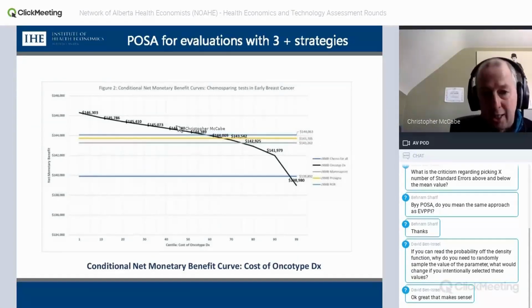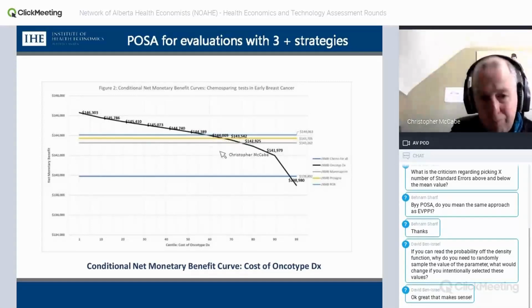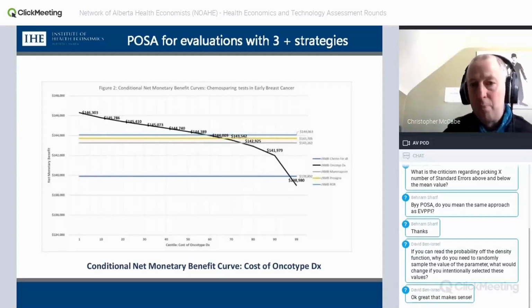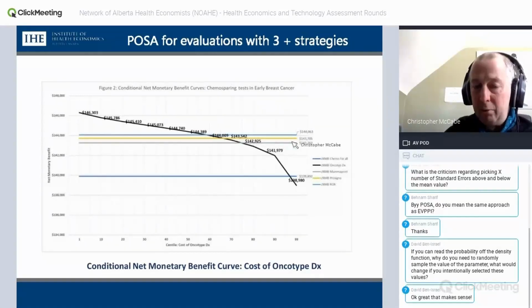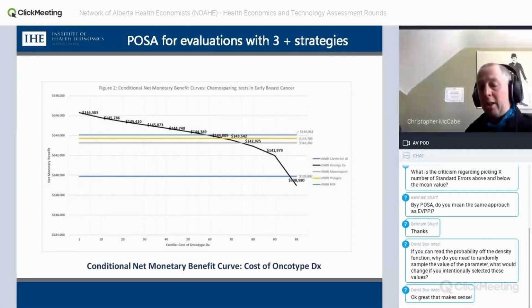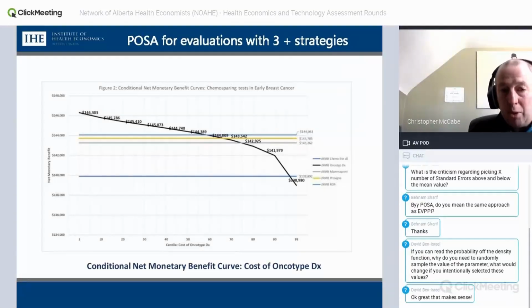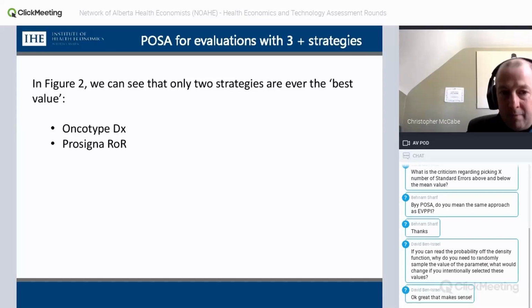And for a decision maker, they can see that there is approximately a 40% chance that the cost of Oncotype DX could take a value that would make Prosigna risk of recurrence score more cost effective, the better value test. And so we drop the other tests off because they just distract the decision maker and they're not actually part of the question. So that's that.